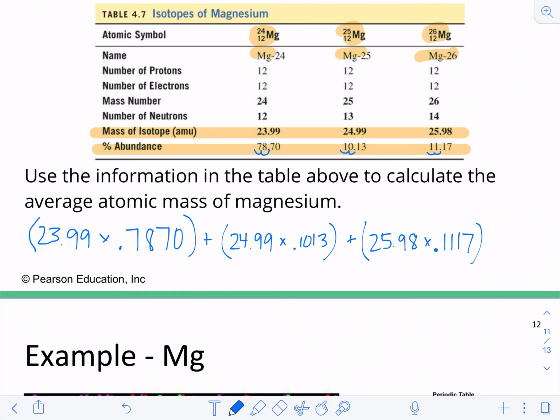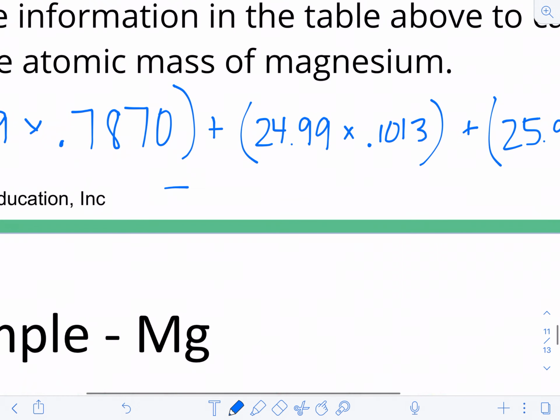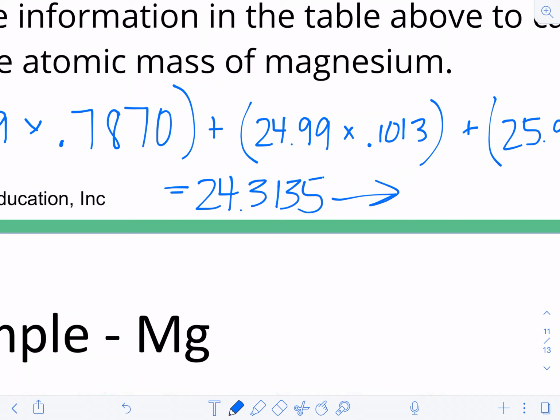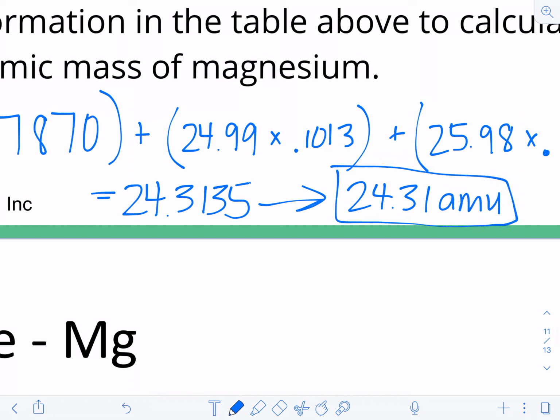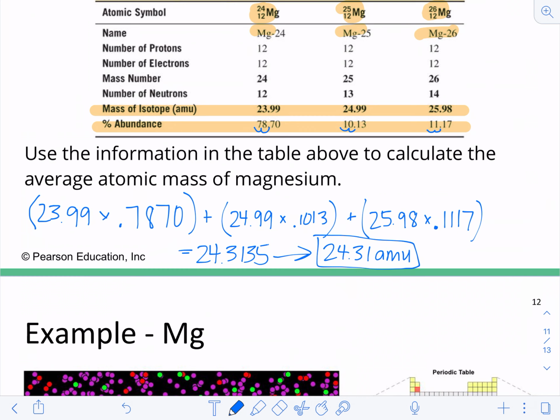So when I actually add all these guys up, I get 24.3135, and a few other numbers. I'm just going to round to 2 past the decimal, 24.31 AMU. So then I can find magnesium on the periodic table and just make sure again that this mass is pretty close to the one listed on the table, which it is.